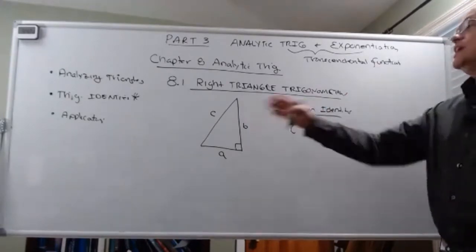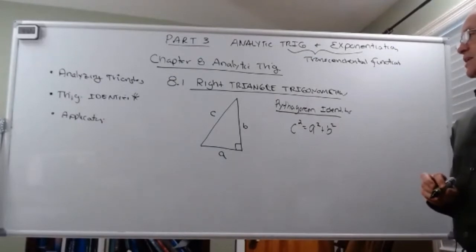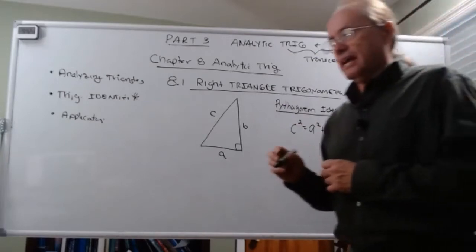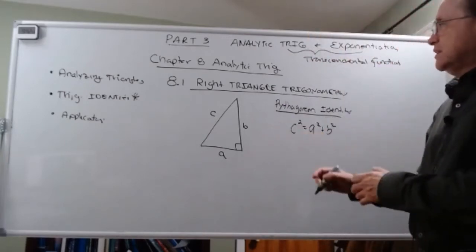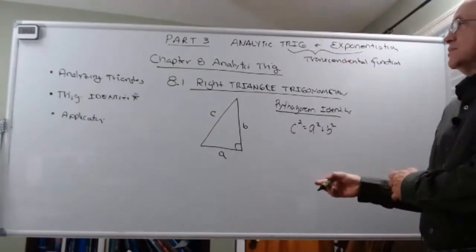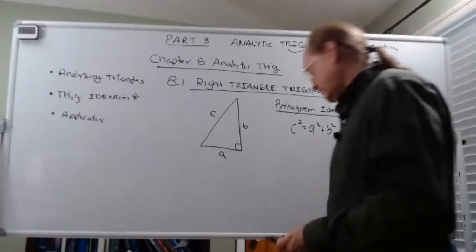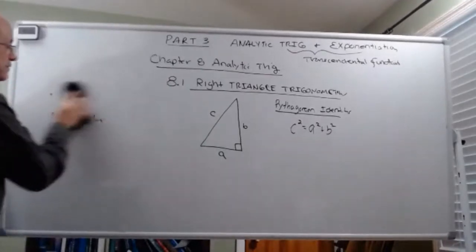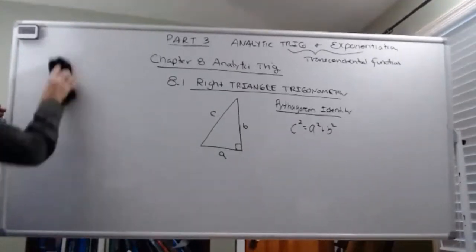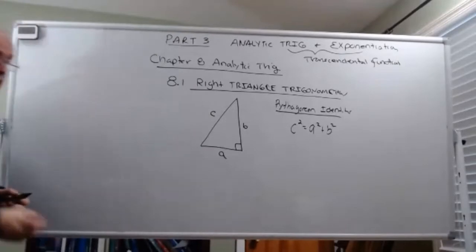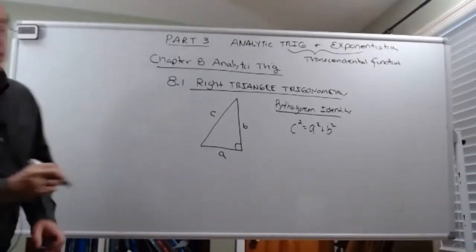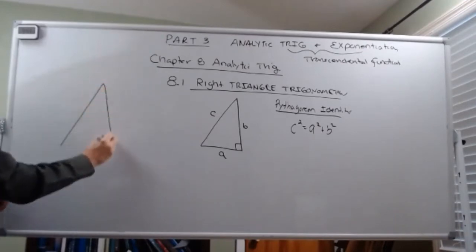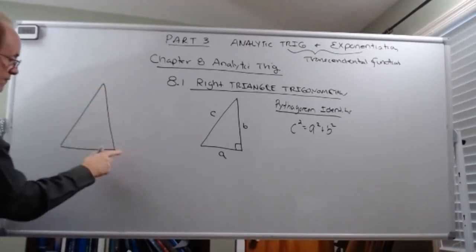Okay, that's a generic right triangle. Well, a lot of times we want to pick a specific angle in this triangle out, and doing that we can then define, if I wanted to, the various trig functions. So let's do that. I'm going to rewrite this in a different way. I'm going to put one angle in it. And depending upon which angle you're concerned with, you might have different sorts of relationships.